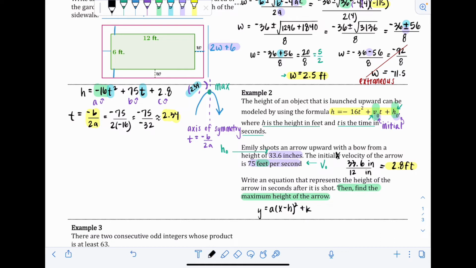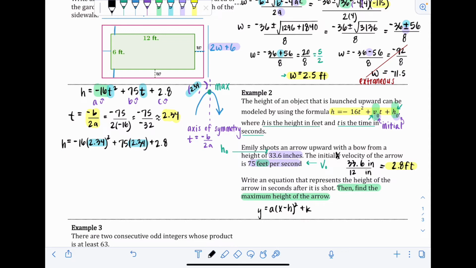So I'm going to take that 2.34 and put it into my equation where t is, so it's negative 16 times 2.34 squared plus 75 times 2.34 plus 2.8. So that 2.34 is the time it takes to reach its max height. Now, if we just solve this, it'll give us the actual max height.